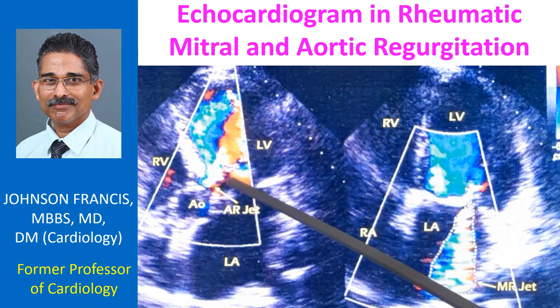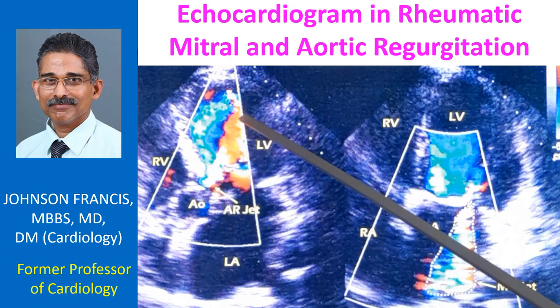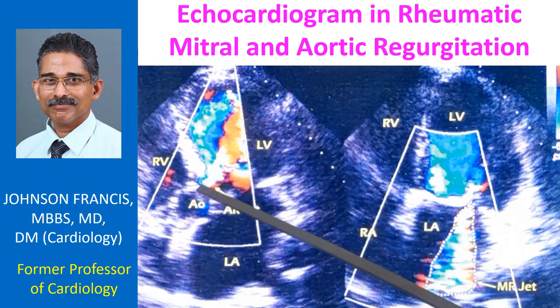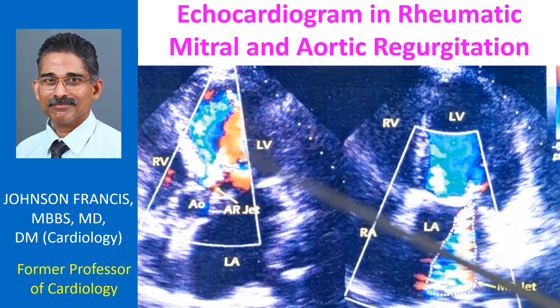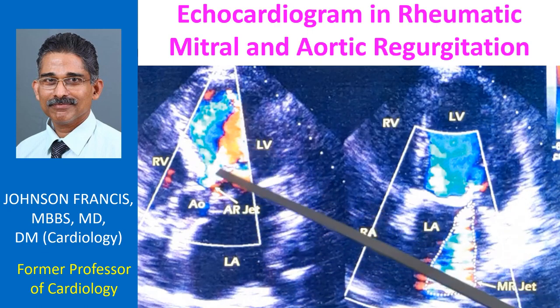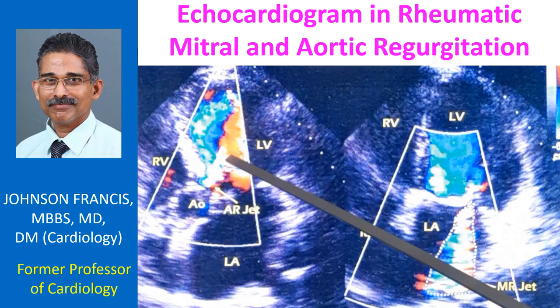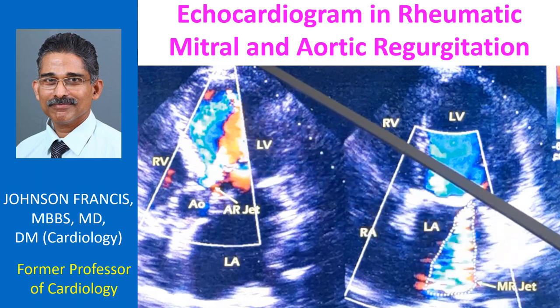Here it is the AR jet. You can see the reverse flow into the left ventricle from the aorta with the aortic valve in closed position. This is a diastolic image, while this is a systolic image. Variance in color because of variance in velocity, and predominantly a red jet as it is directed towards the transducer.